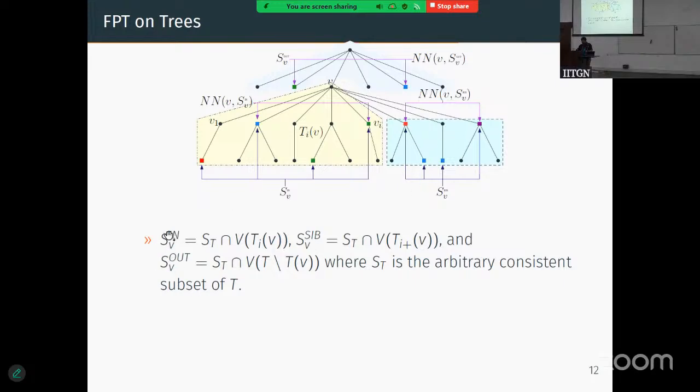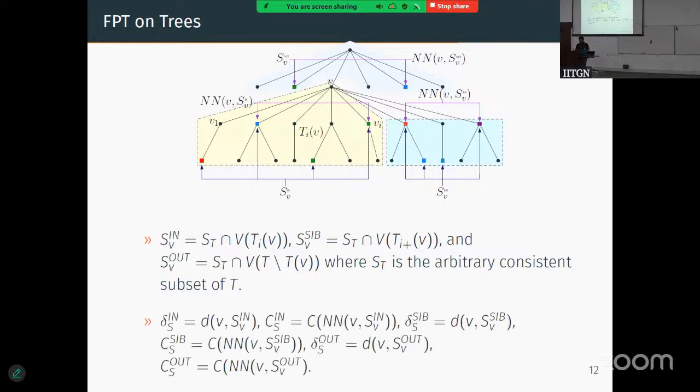That means C is C and out is actually this.